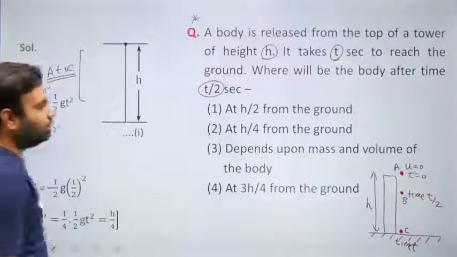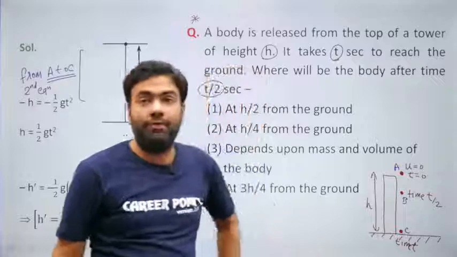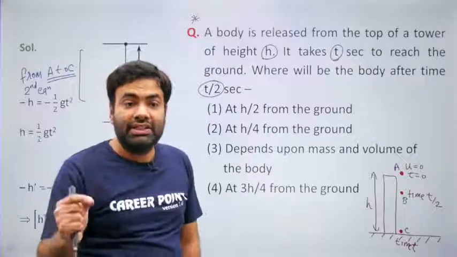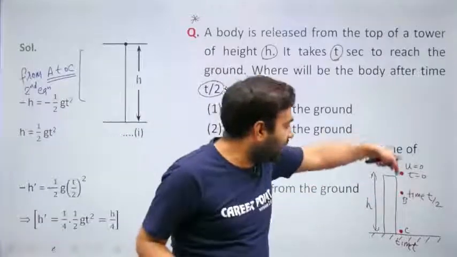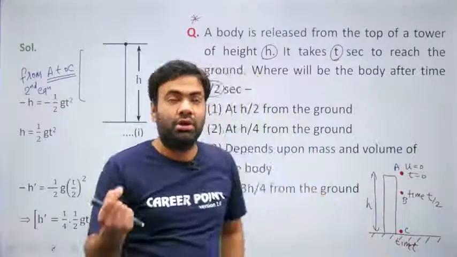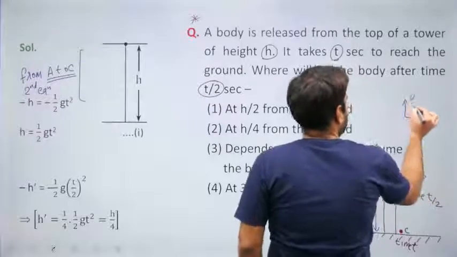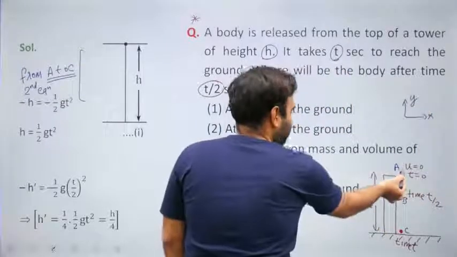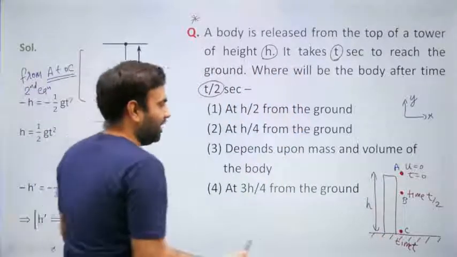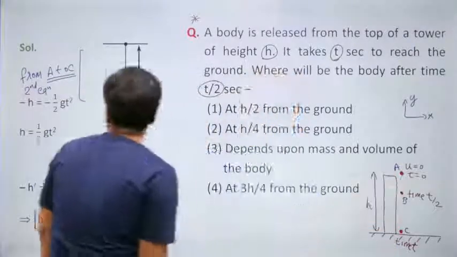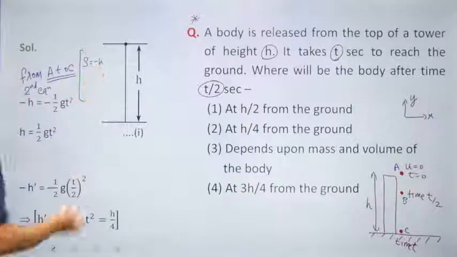From point A to C, what is the displacement of the particle? It is negative of h. Why negative of h? Because every downward vector we are going to consider as negative and every upward vector we are going to consider as positive. So in this case, displacement is in the downward direction, so it is negative, and the value is minus h.